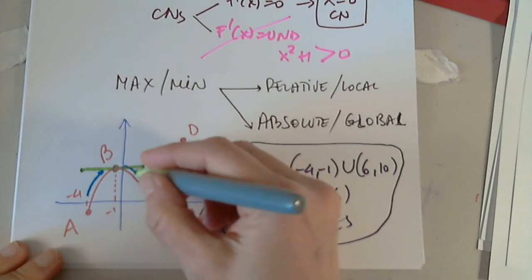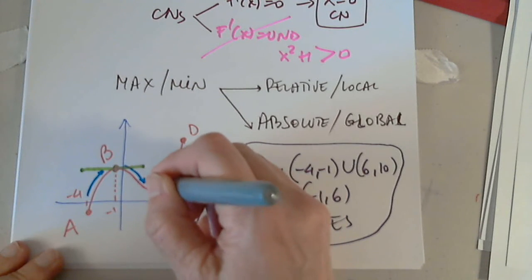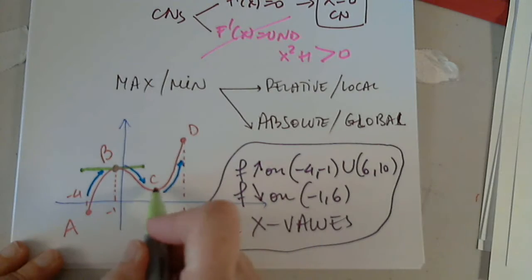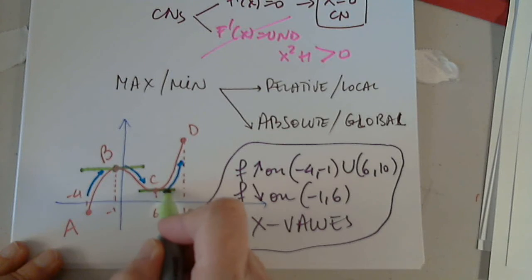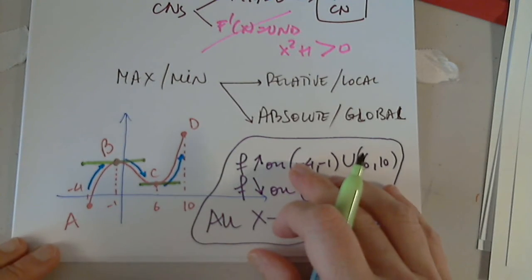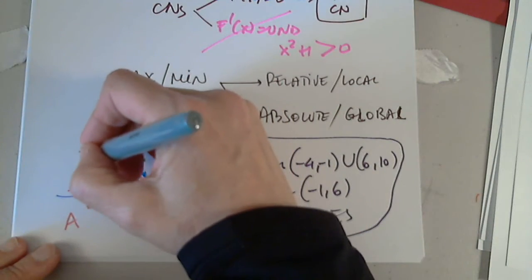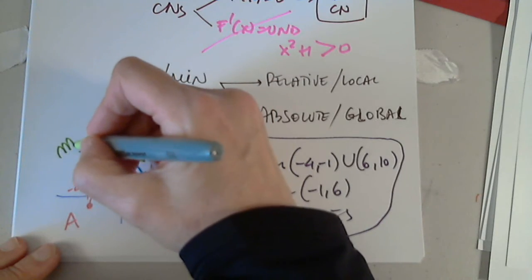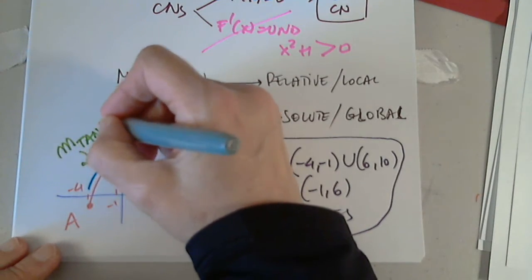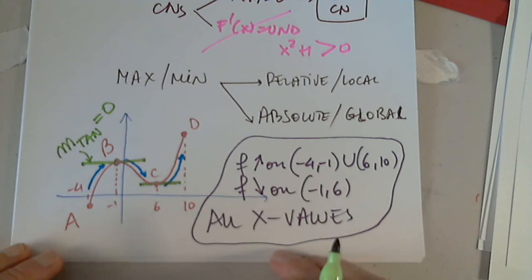And the next point, when the function is decreasing till this point and then increasing, at this point, the function has a horizontal tangent, which means that the slope of the tangent is 0.